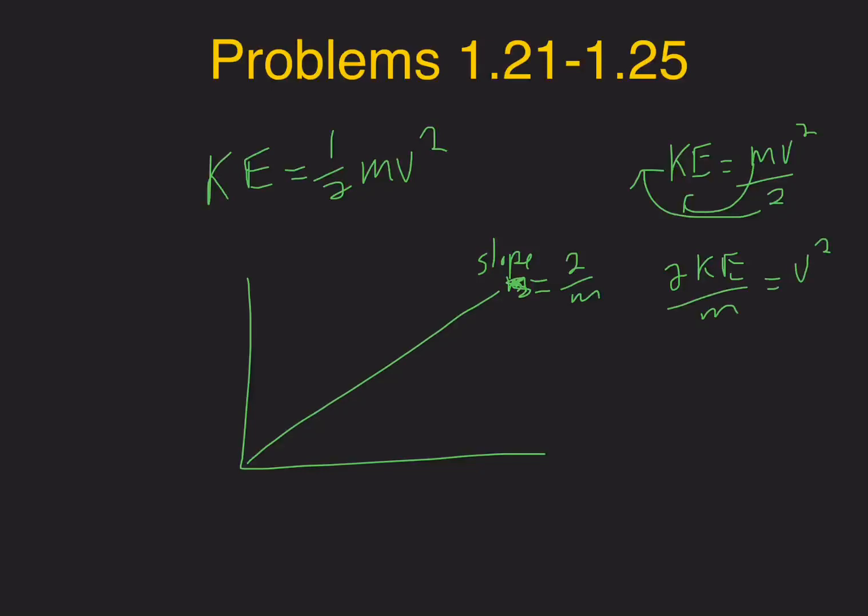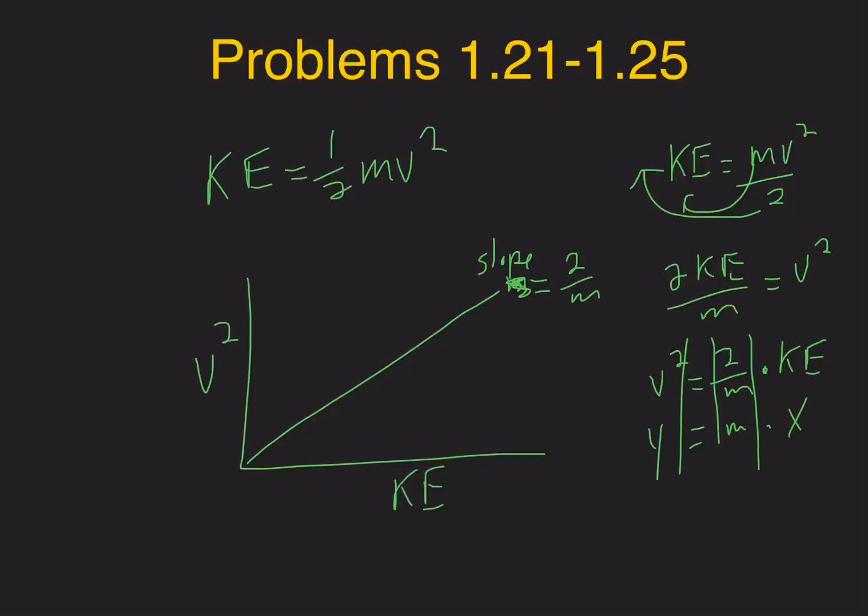And if I flip this whole thing over, I'd have v squared equals 2 over m, I'm going to write it like this, times KE, so that hopefully you can see it. Y equals m times x. So what goes on the y? Velocity squared. What goes on the x? Kinetic energy. And the slope of this line that you would get should be 2 over m.